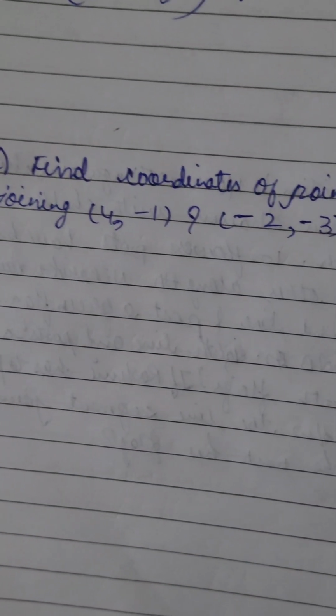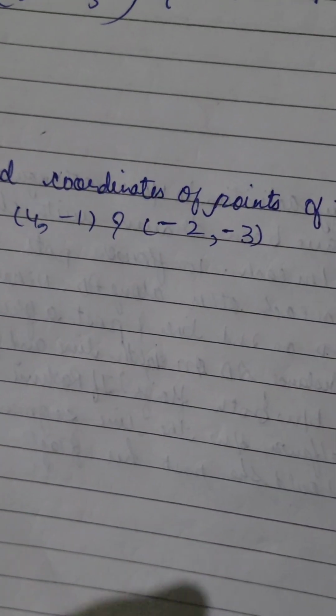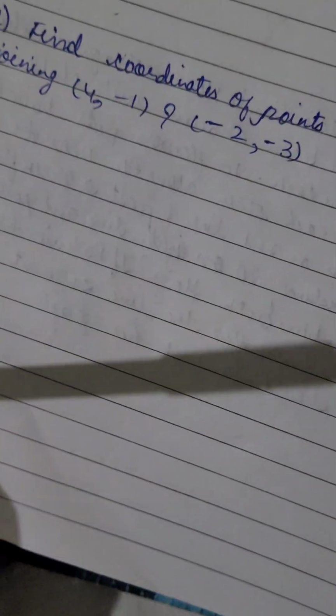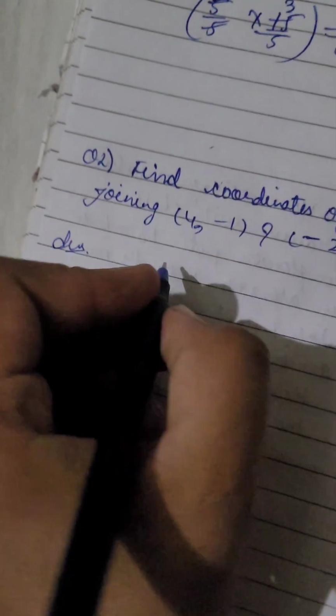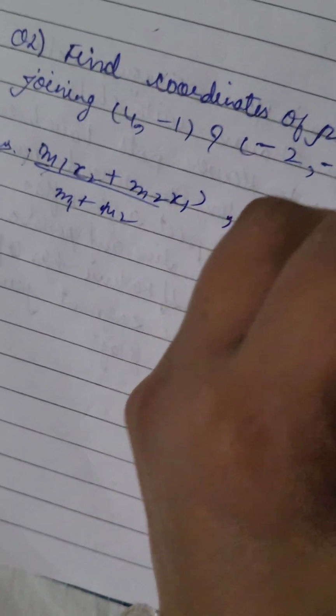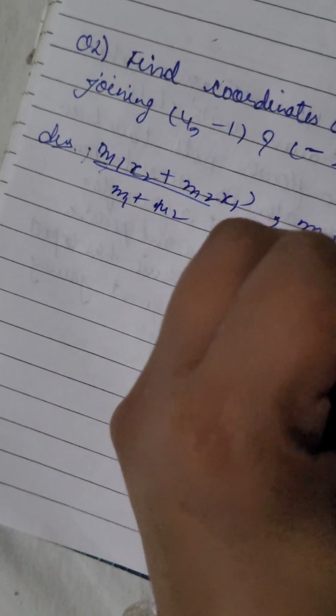Second question says: find the coordinates of the points of intersection of trisection of a line segment joining (4, -1) and (-2, -3). So for this we use (m1 x2 plus m2 x1) upon (m1 plus m2), comma, (m2 y1 plus m1 y2) upon (m1 plus m2).